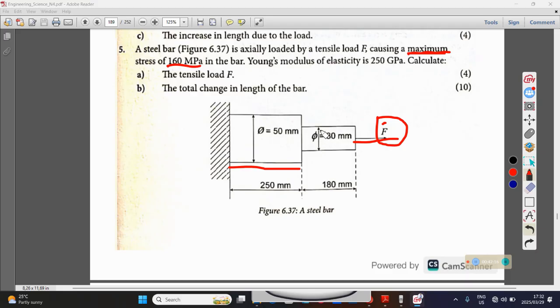We said that maximum stress occurs at the smallest cross-sectional area. So that maximum stress equals to force over area. The area will be the smallest.